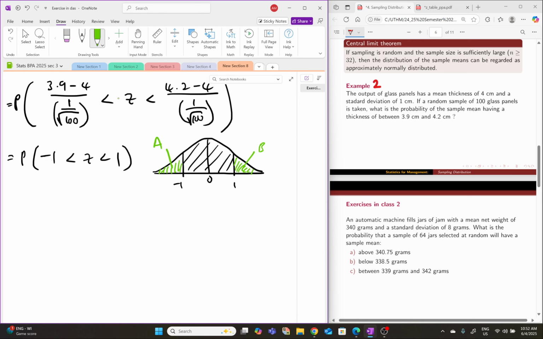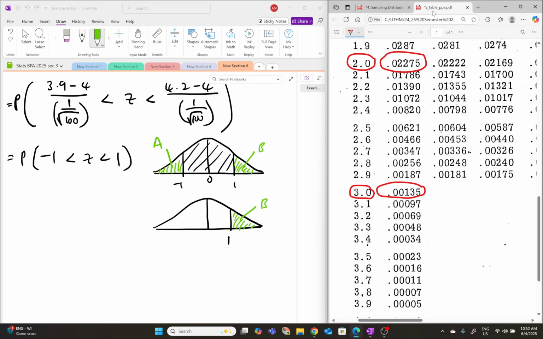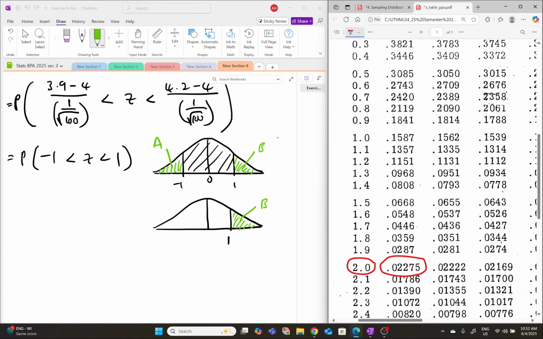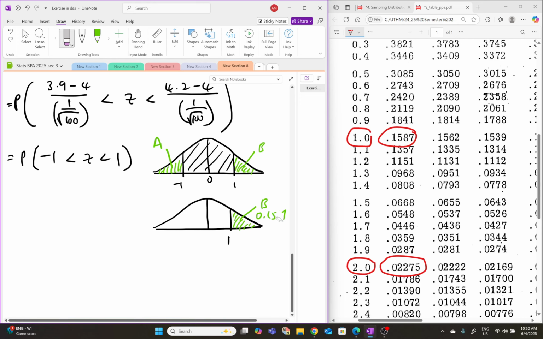Very easy. How to find area of B? We find area of B, go to table, 1 here, and so area of B is 0.1587.